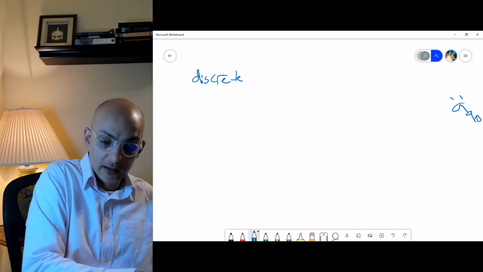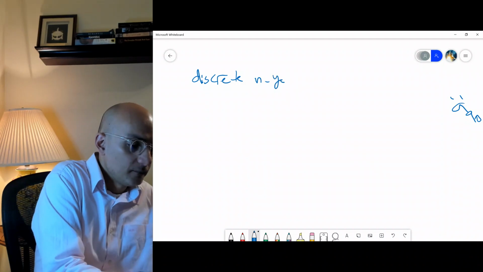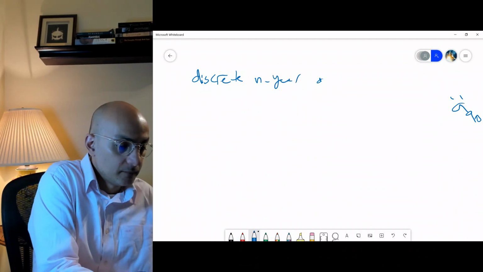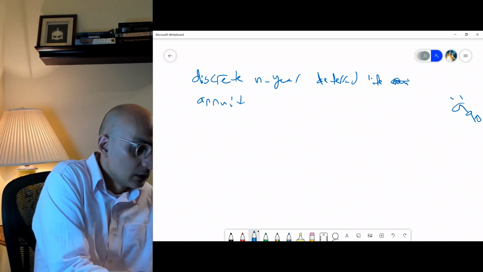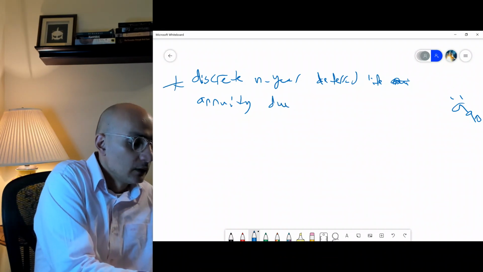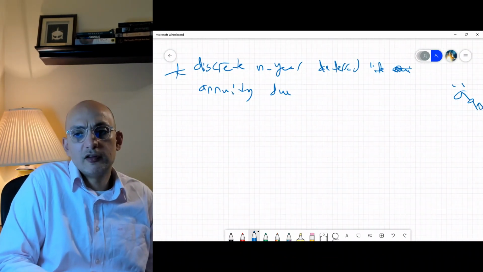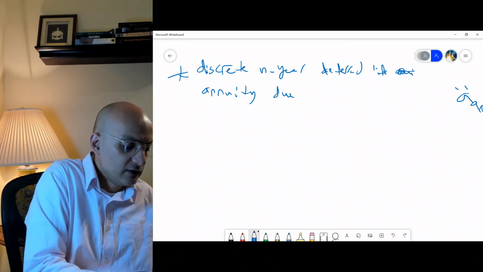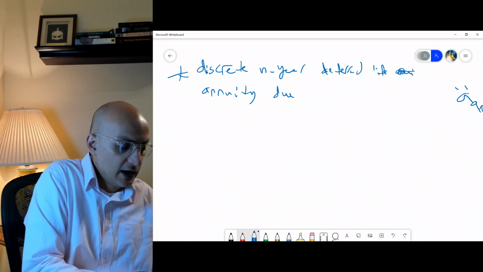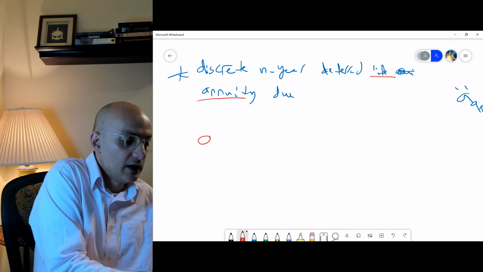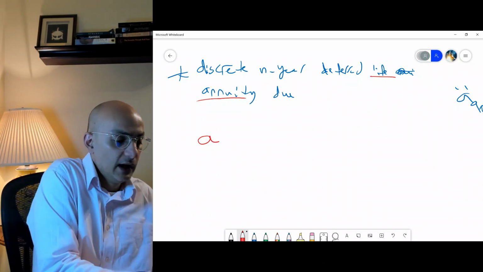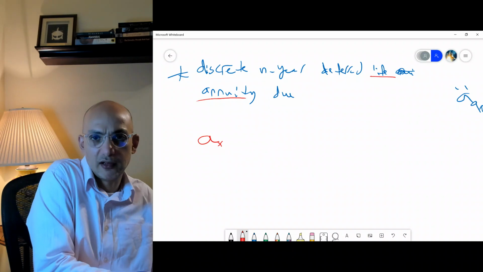And then we need to have n year deferred life annuity. Let's translate this into actuarial notation. Let's do that. To translate this into actuarial notation, let's start with the first one. The first one is life annuity. The red one is here. Life annuity, we know this. It's A. And because it's life annuity, there is X. It's not certain. If it's certain, there is no need for X.